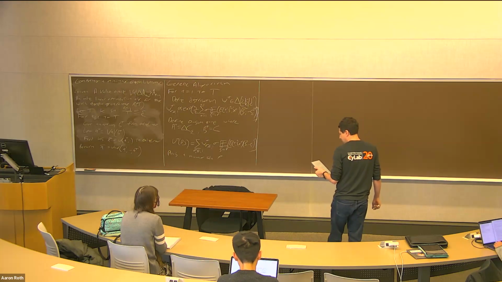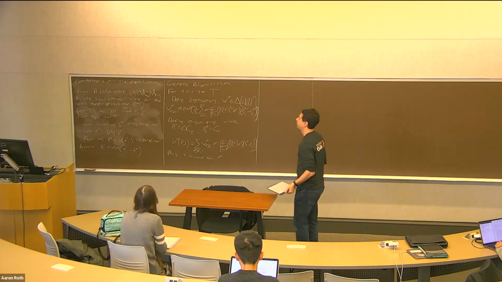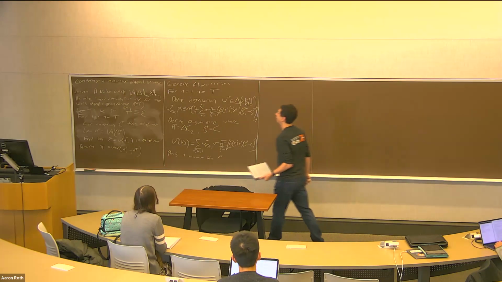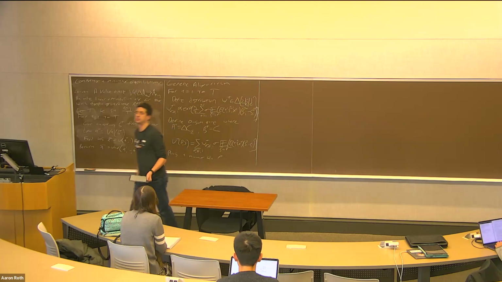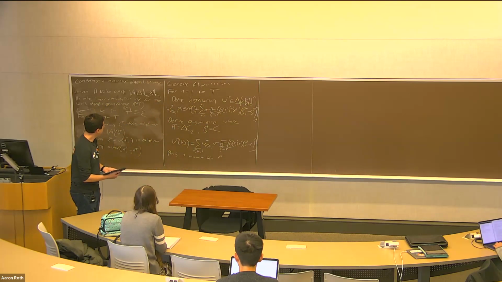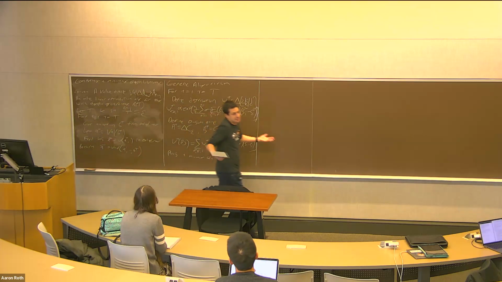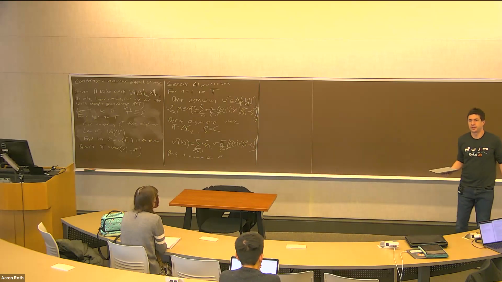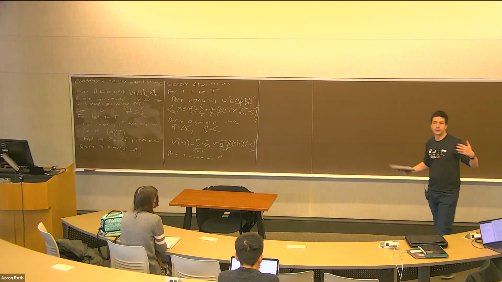So let's start with follow the perturbed leader. Let's show that it makes sense to run follow the perturbed leader in this setting. Follow the perturbed leader is an algorithm that gets no regret in any online convex optimization problem, in time that depends polynomially on the dimension and other scale properties.